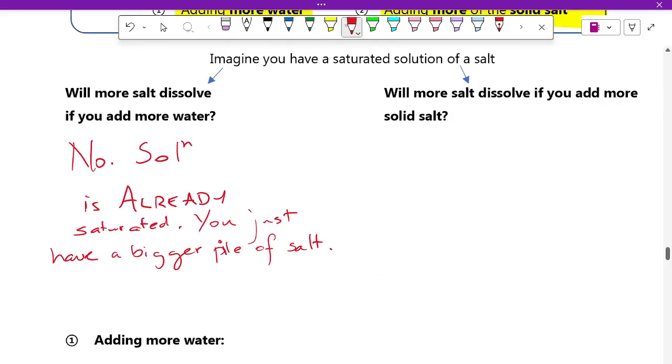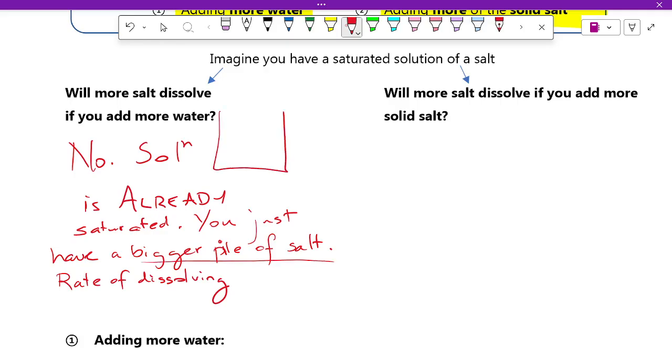What happens to the rate of dissolving if you have a bigger pile of salt? What has changed?